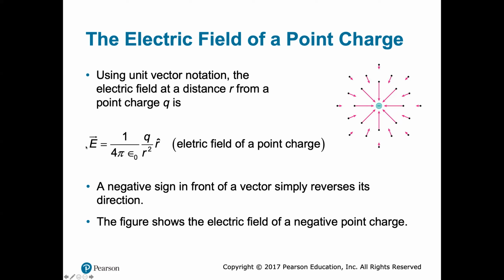So that's the vector form of the electric field equation. A negative sign in front of a vector simply reverses its direction. This figure shows the electric field of negative point charges.